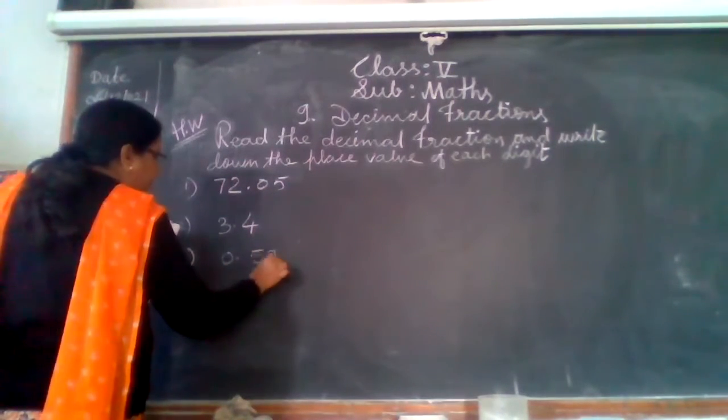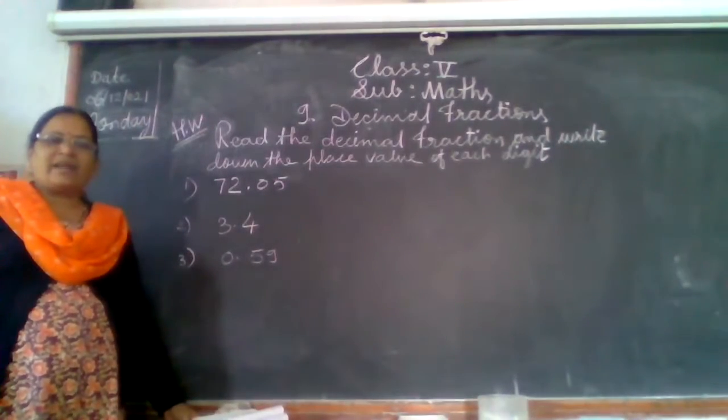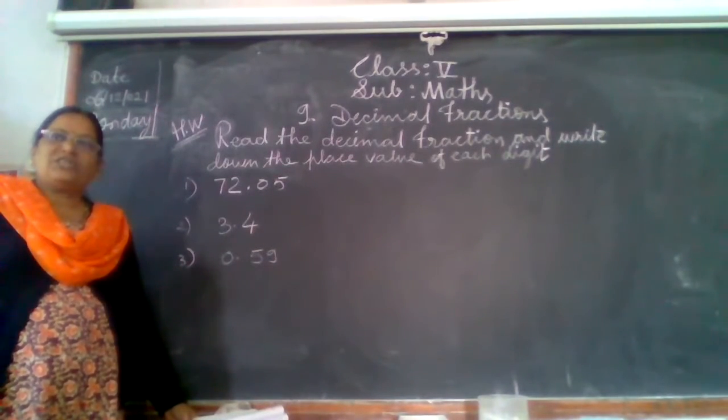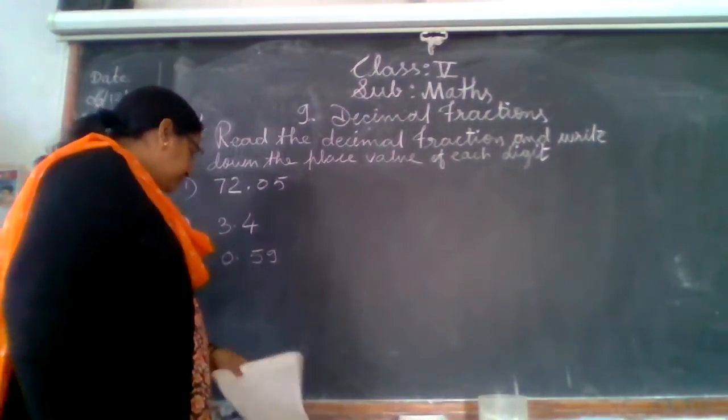So first you have to write this in words and then write PV of each digit. Got it, beta? Now let's see another topic.